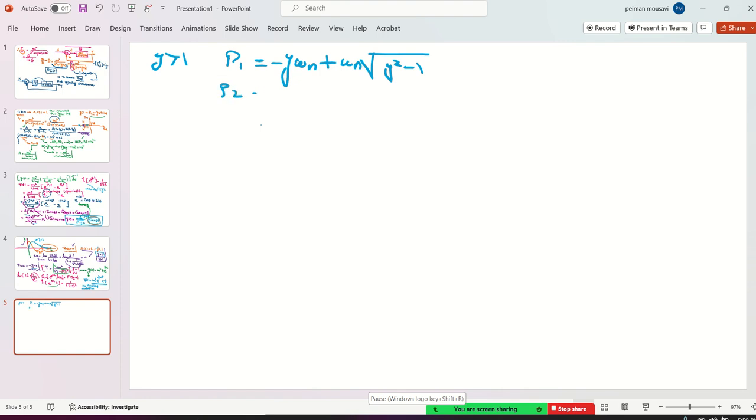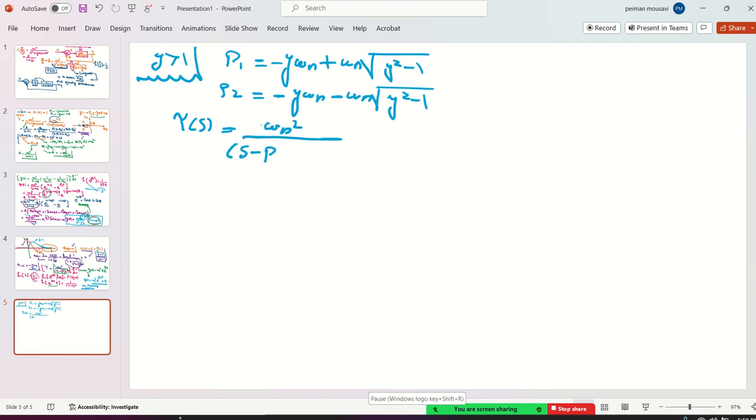And P2 is minus zeta omega n minus omega n square root of zeta square minus 1 for the overdamped system. Again, Y of s is omega n square over (s minus p1)(s minus p2), two distinct real poles.